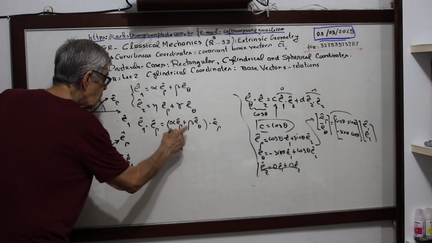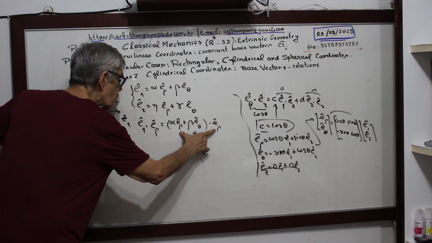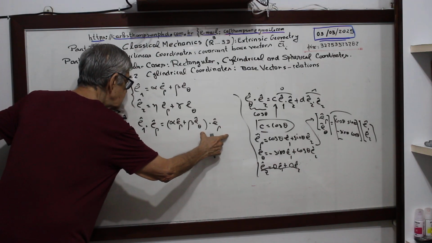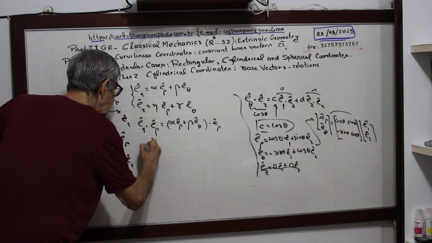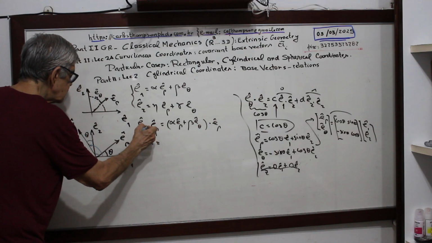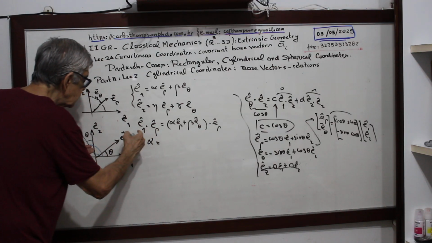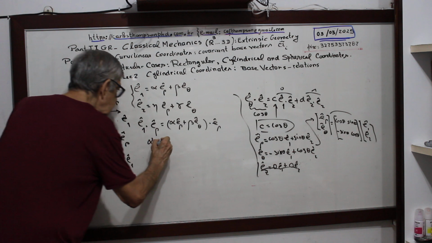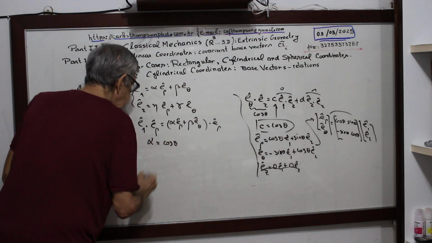Now, remember now, this is orthonormal. This will be 1, this will be 0. So I get alpha. E1 and E rho is a cosine of this angle. This will be cosine theta.